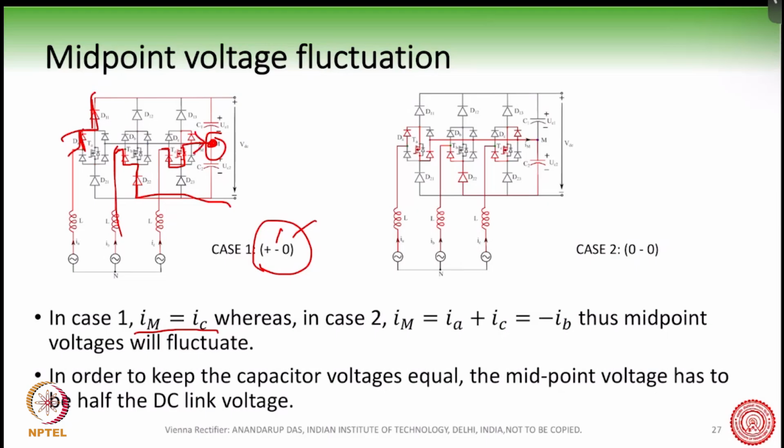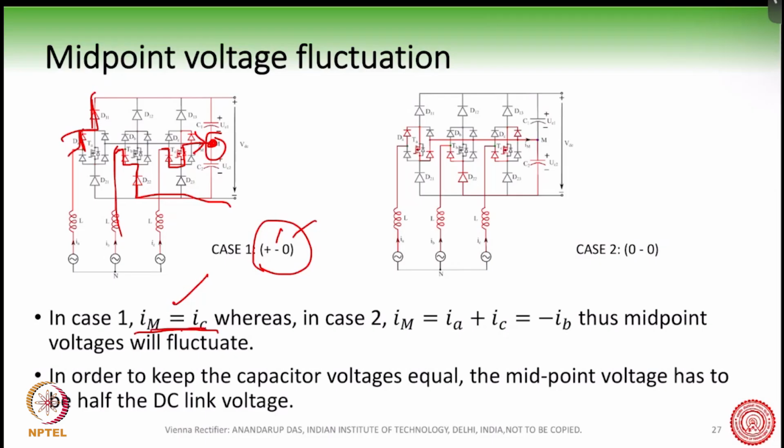This is the current IM which we are talking about. IM is equal to IC. In this case, I have taken the other Vienna rectifier form 2, circuit 2. The analysis is similar with circuit 1 also. I just wanted to have the second form and analyze it. So IM is equal to IC here.